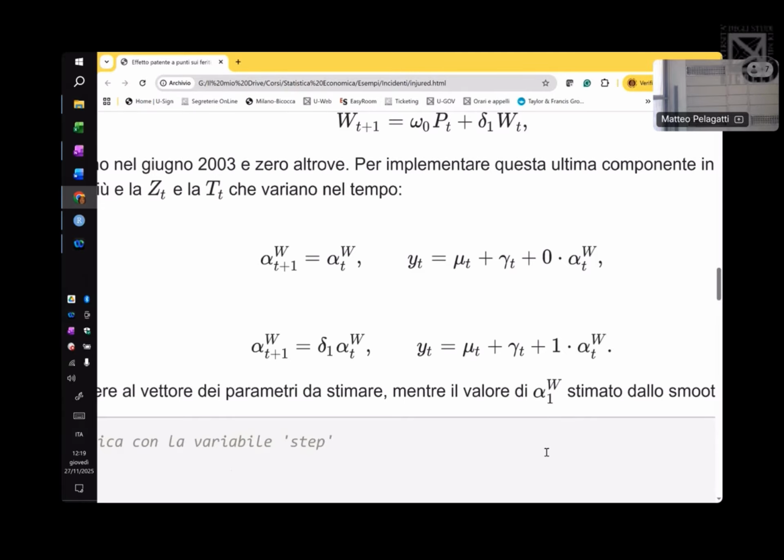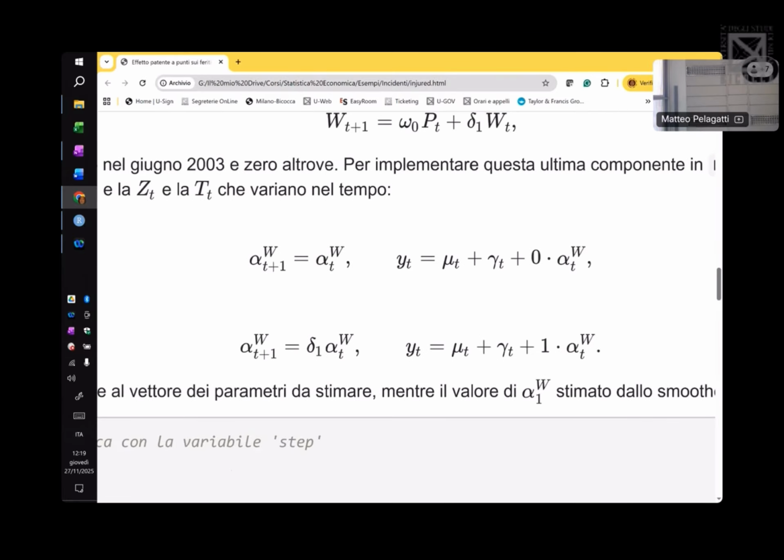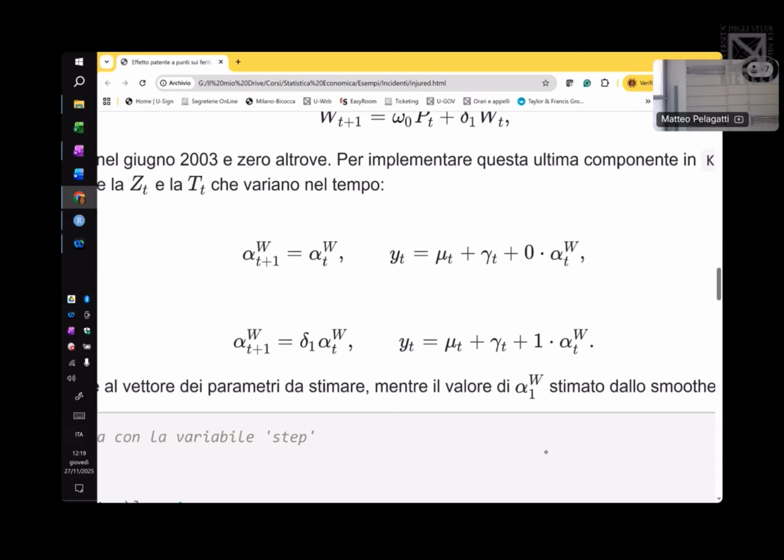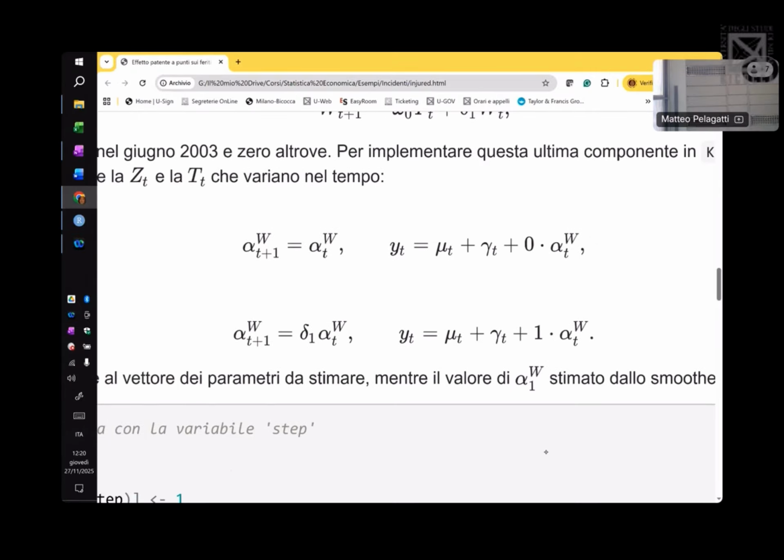Then, after the event happens, you see that this goes to 1. So where this was 0 and now it's 1. And instead of having the alpha that produces itself in the future, we have this delta that is multiplying the previous alpha, okay? And so the initial value of this alpha will be exactly an estimate of the omega 0 here.